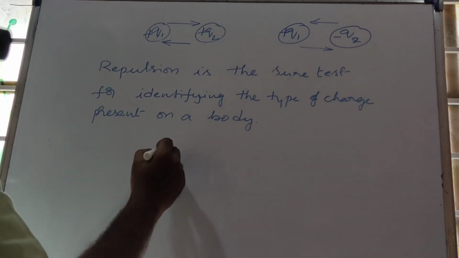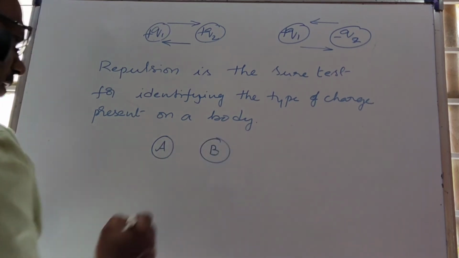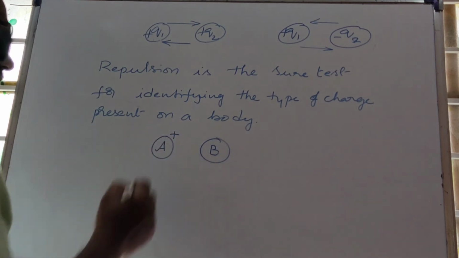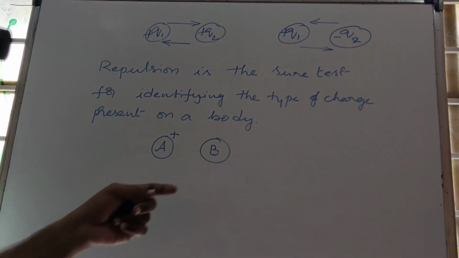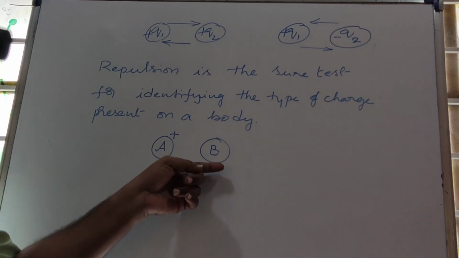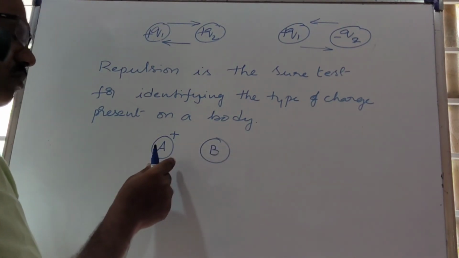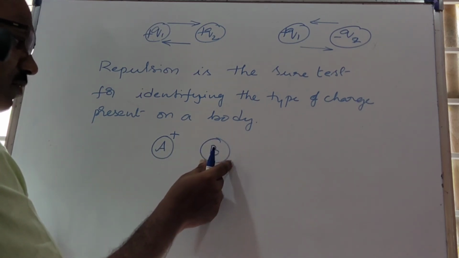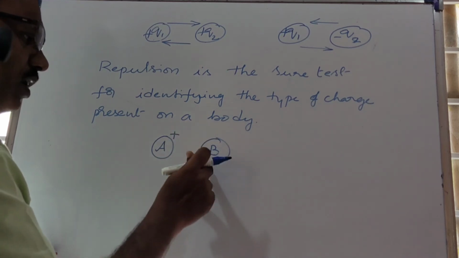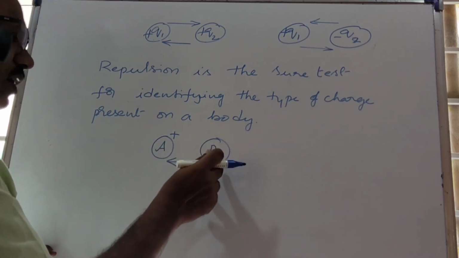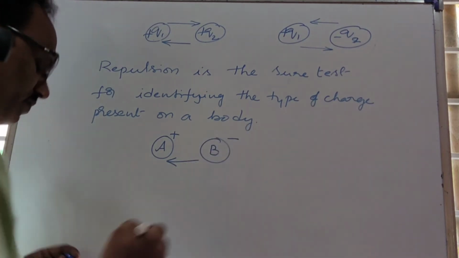Let us consider two bodies. First body, let it be A, and the second body, let it be B. Let the body A be positively charged, and we don't know what type of charge is present on the body B. Now we are asked to find out the type of charge present on the second body, that is on B. Now if we place the second body very close to the first body, at a very small distance, and if the body B is attracted towards the body A, then we can say B is having a negative charge.